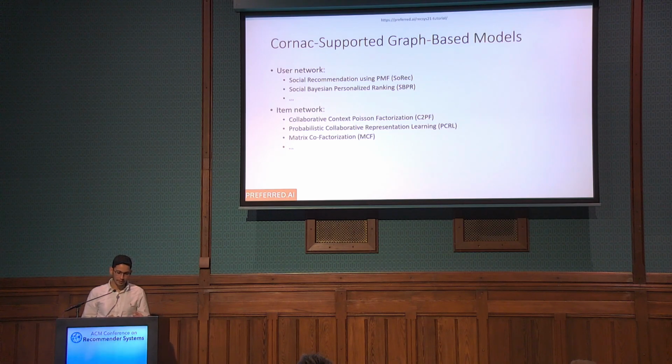Now, regarding the families, it really depends on what type of problem you are trying to solve. If, for example, you are interested both in making predictions in the preference space and the graph space, you may consider one of those joint methods, such as SoRec or PCRL, that can make predictions in both spaces. If you already have a model and for some reason you cannot afford changing the architecture, you may consider taking a regularization-based approach because this will not require you to change the model, but just to retrain it, adding an appropriate regularization.